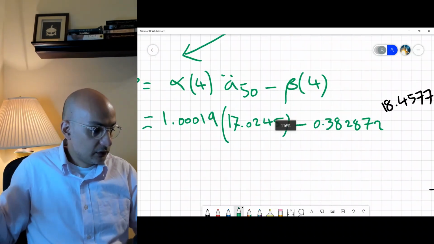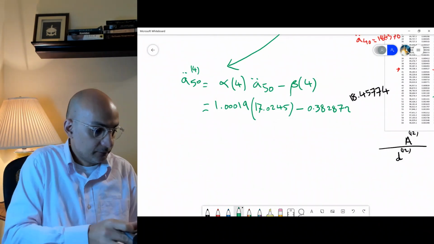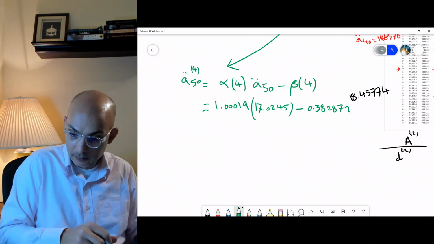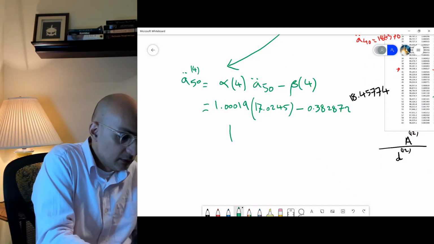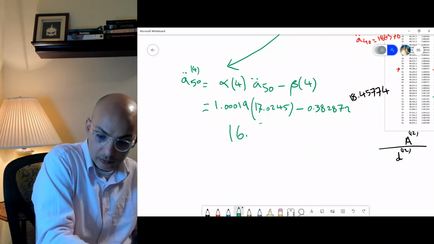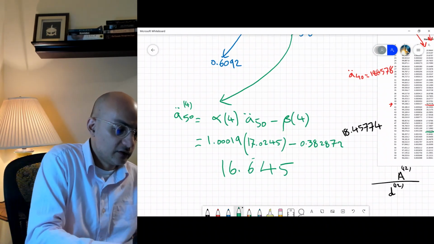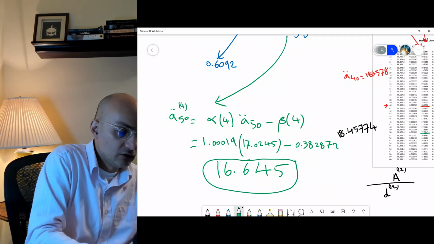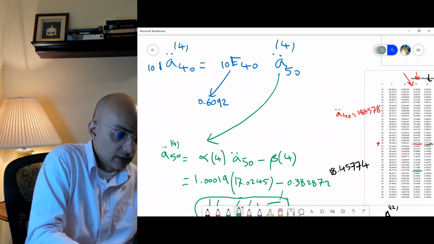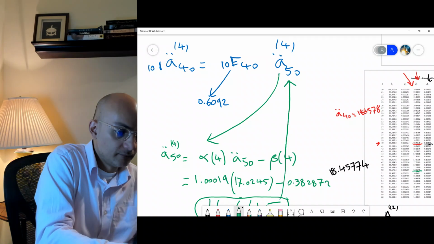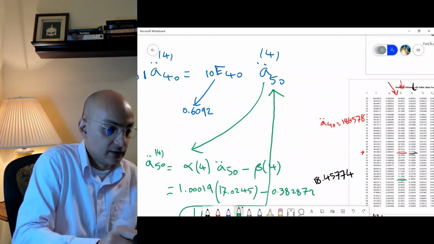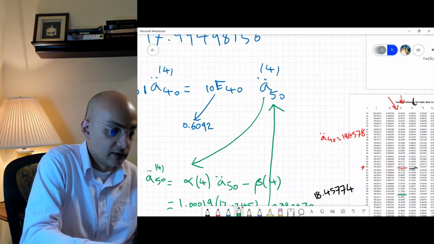Now let's compute this and see what we get here. If you compute this, this will be 16.645, right? Now this one, 16.645, we need to take it and replace this one here, right? So let's take this one down here.